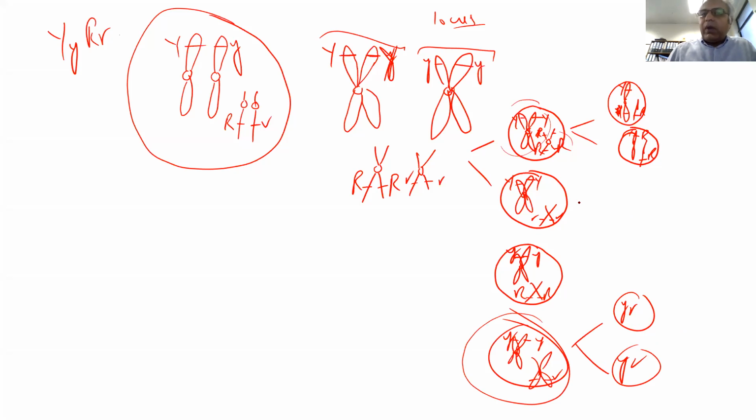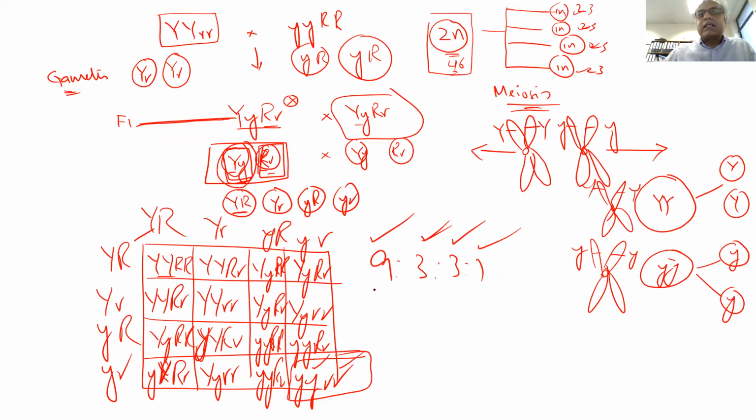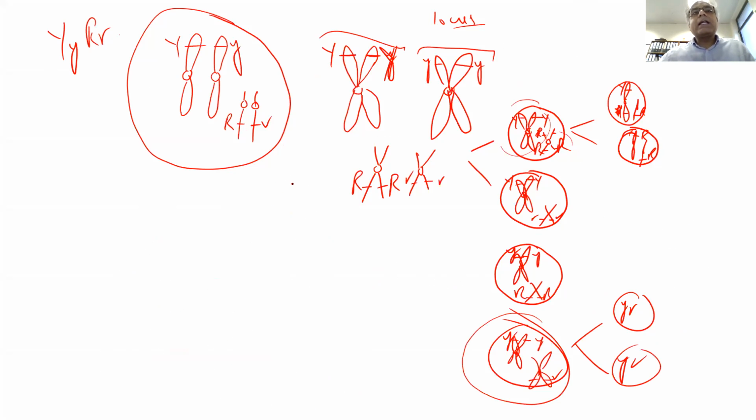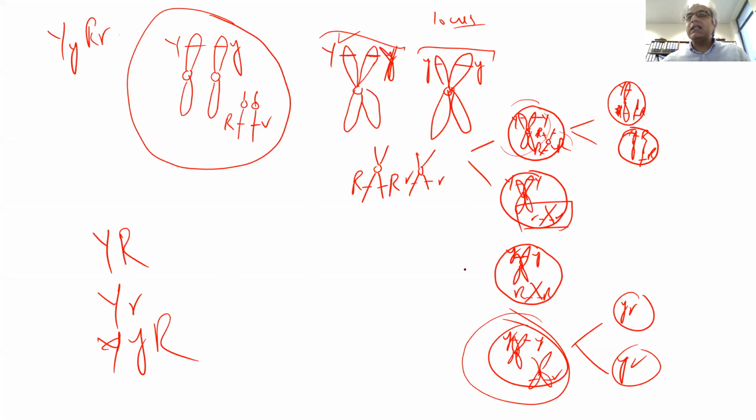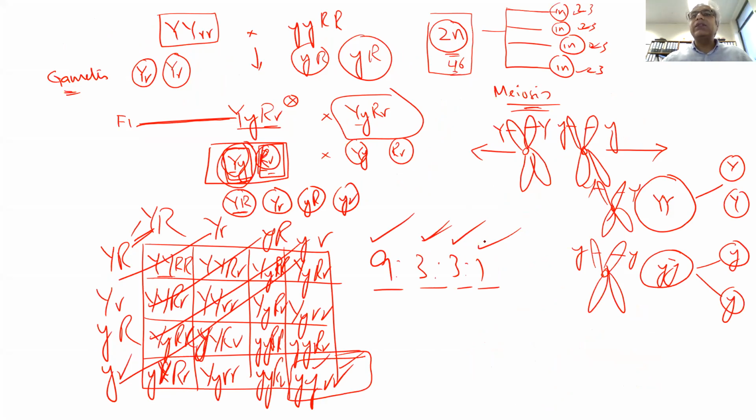But when we look at these numbers, what we are concluding out of these crosses is that capital Y can go with capital R, capital Y can go with small r, small y with capital R, and small y with small r. In a population, the end result will be this 9:3:3:1 ratio.